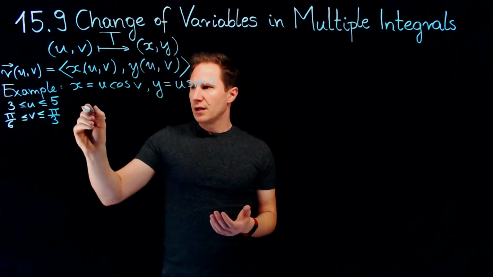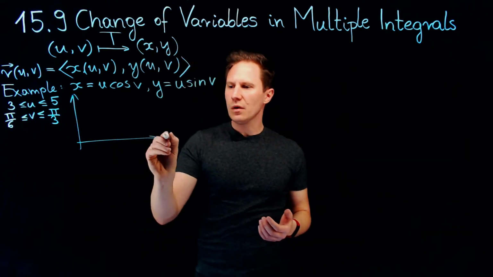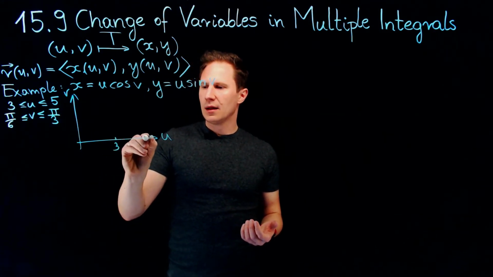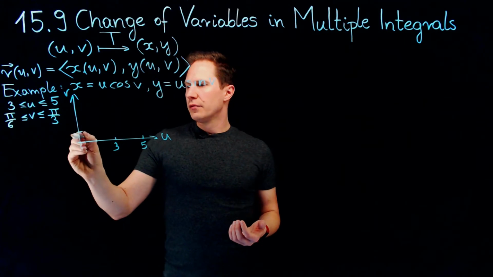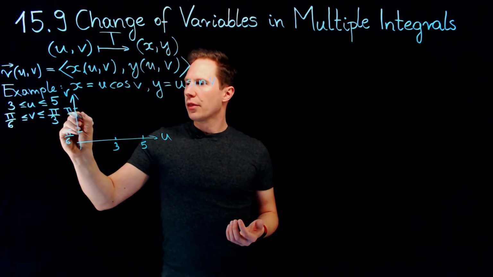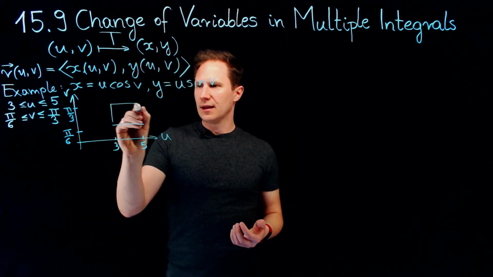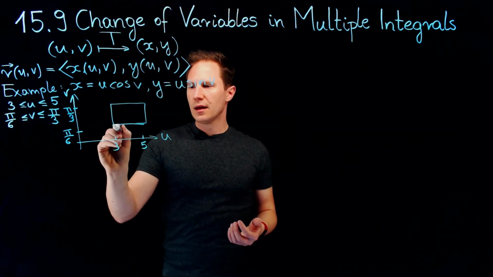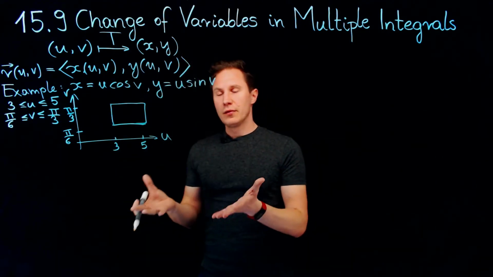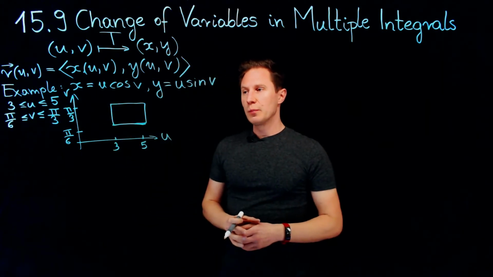Let me try and sketch that rectangle out. So this is the uv plane, and u changes between 3 and 5, v between pi over 6 and pi over 3. So then we are talking about this rectangle, okay? And we want to evaluate an integral over this rectangle in the uv plane.